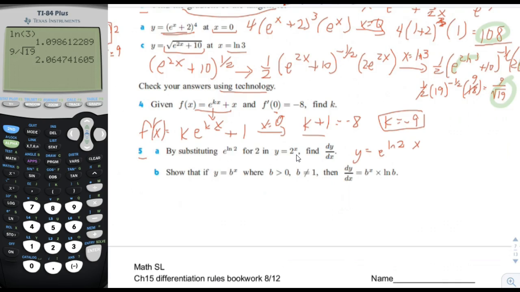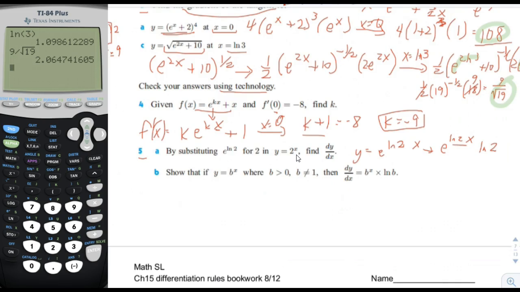So if we do that, then we know that we're just going to rewrite. It's going to be the same thing over again, because if you take the derivative of an exponential, it's just the same thing. It's the exponential function, but then you take the chain rule of what's here, and so you end up with natural log of 2 multiplied afterwards.